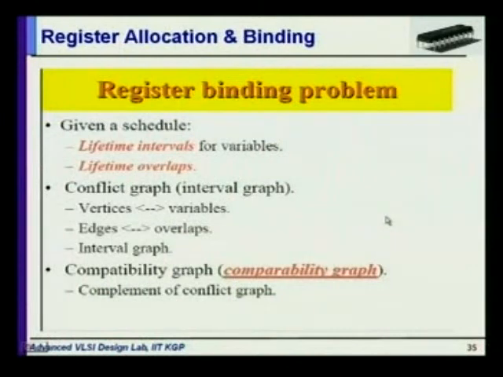Now come to the register allocation and binding problem. Here your task is, you have a set of variables in your design and you have to use the minimum number of registers to store these variables. So what is the approach here? First thing you have to do is compute the lifetime of each variable.